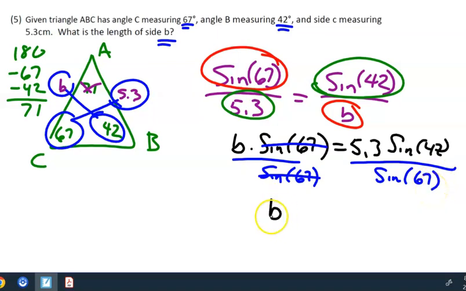So B will be equal to the approximation of 5.3 sine of 42 divided by the sine of 67. Make sure for the 42 degrees, you close the parenthesis before doing the division. So, approximately 3.853.